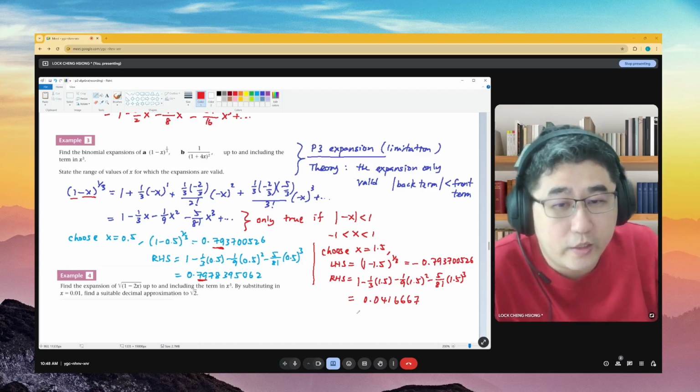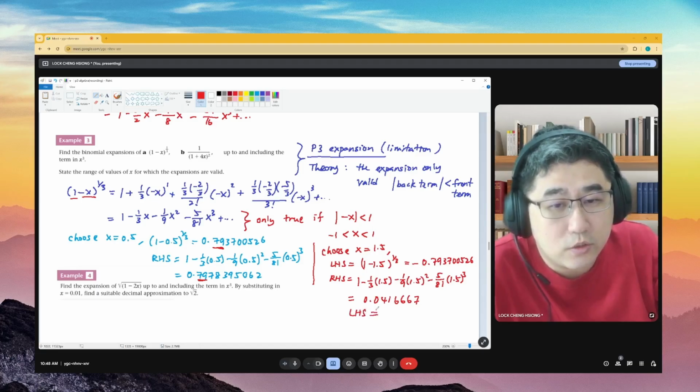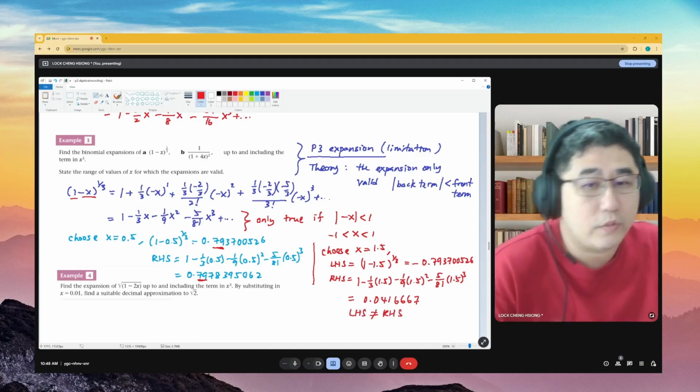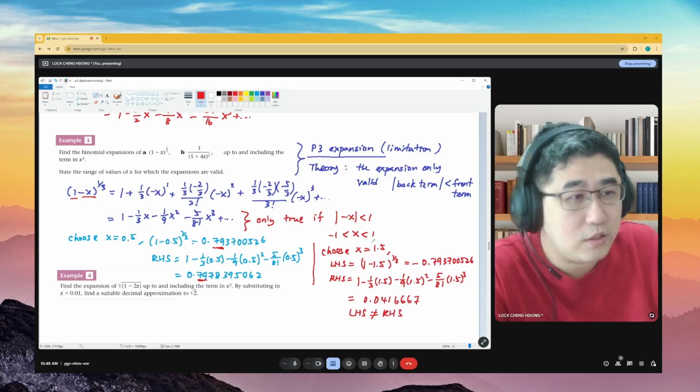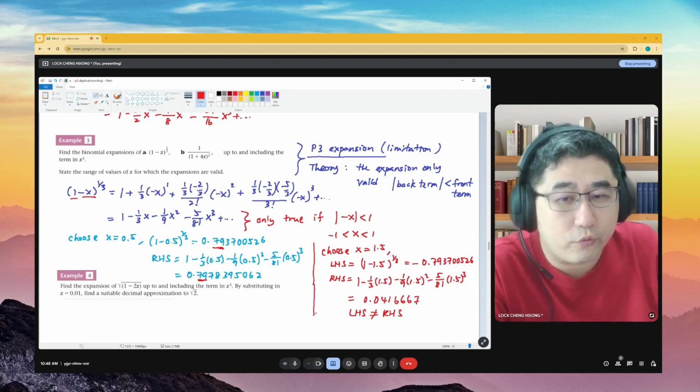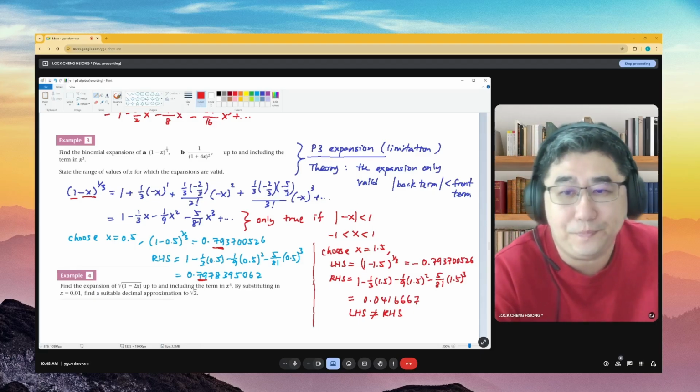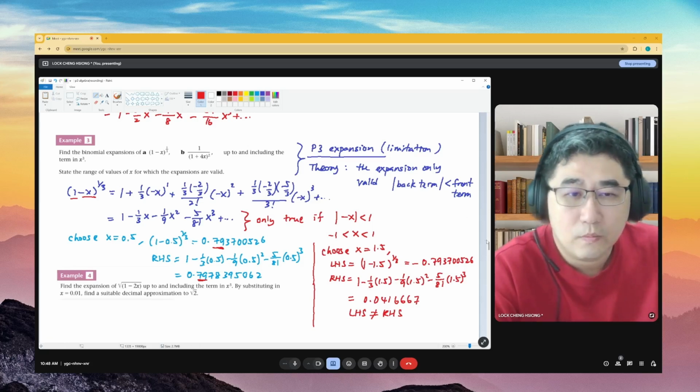You will see that the left hand side is totally not the same as the right hand side. They are very different. So you can see that the expansion is not true when x equals 1.5. Therefore, the theory appears in this way.